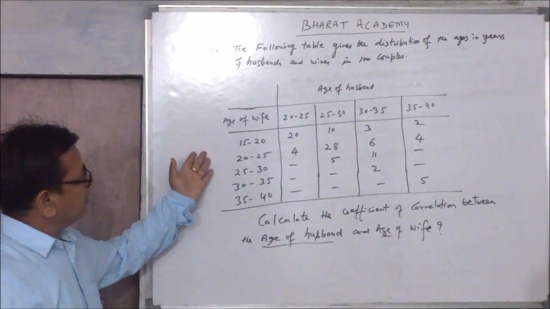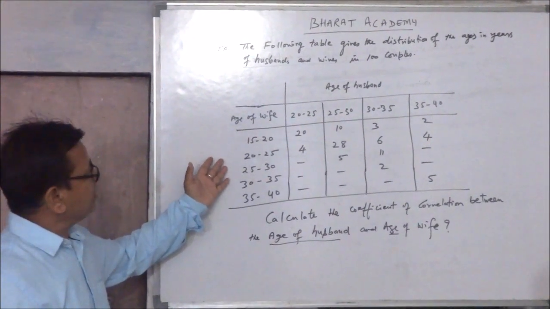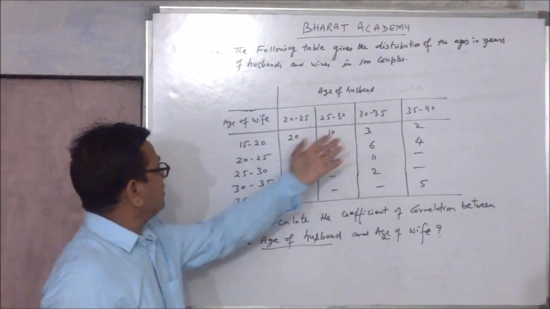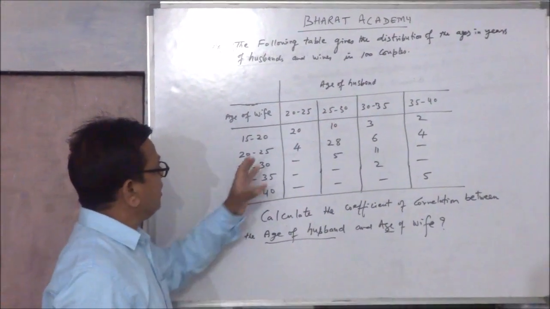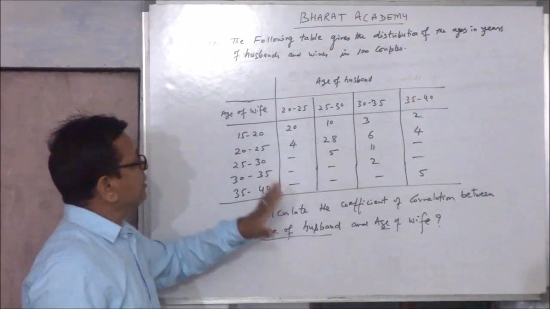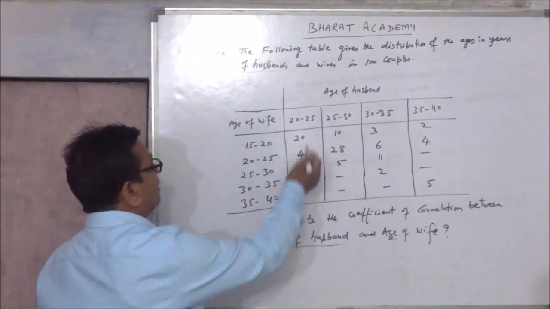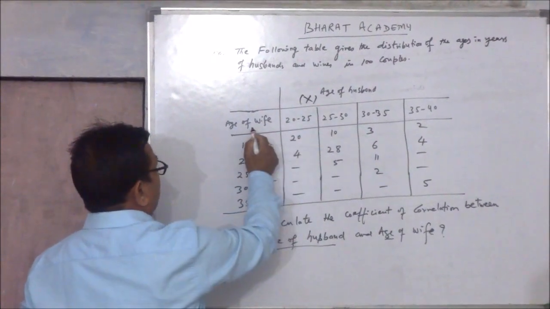In this table, this is clearly a two-way frequency table. Here, age of husbands, their class intervals, age of wives, their class intervals, and the frequencies are given. There are two variables again. Age of husband you can take as x, and age of wife you can take as y.